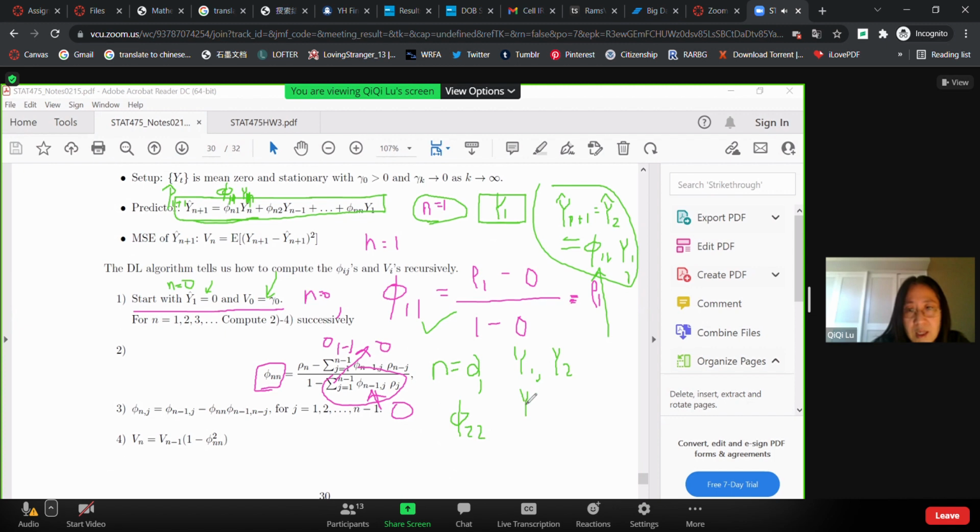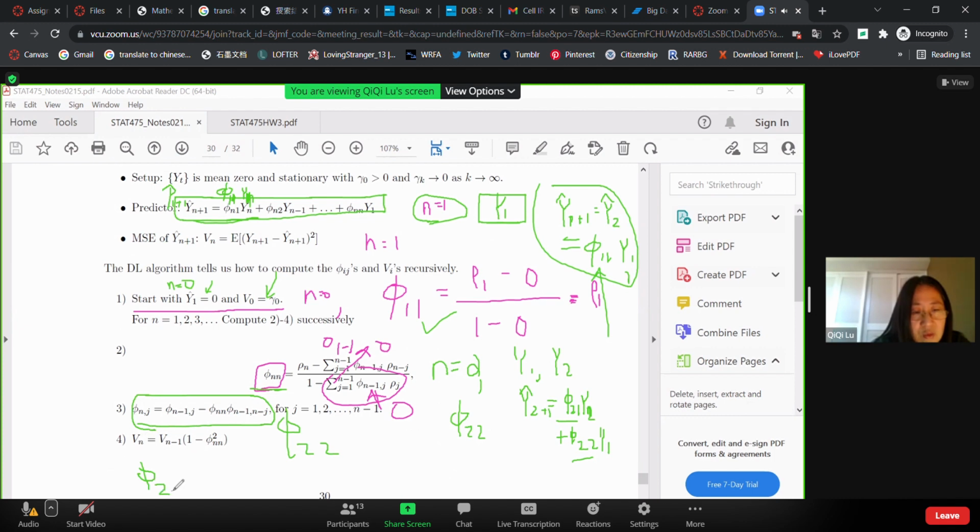So your y(2+1) hat is y3 hat. So n equals 2, so phi21 y2 plus phi22 y1. So you need to find the 2 coefficients. You use this formula to find phi22, and then this one here is phi(n,j).